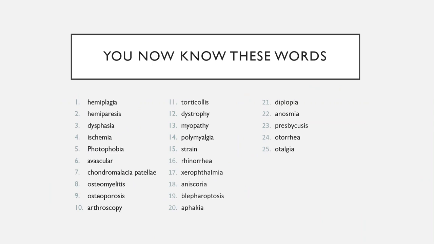Xerophthalmia, dry eyes. Anisocoria, unequal pupils. Blepharoptosis, drooping eyelid. Aphakia, absence of a lens.